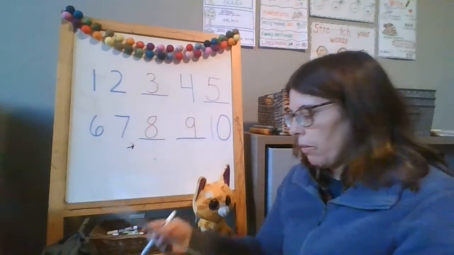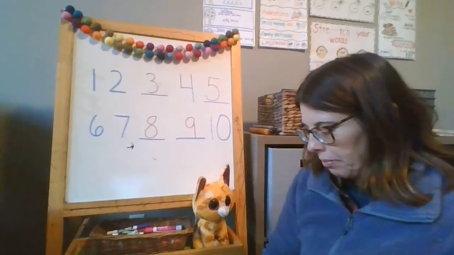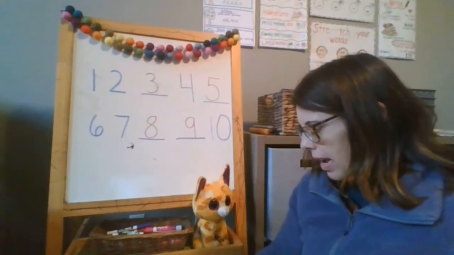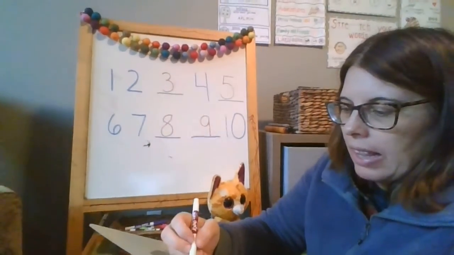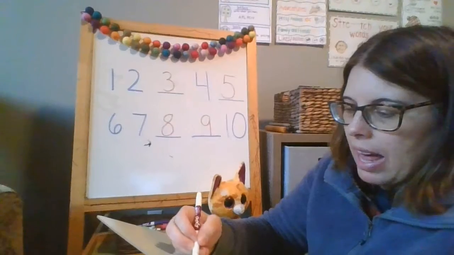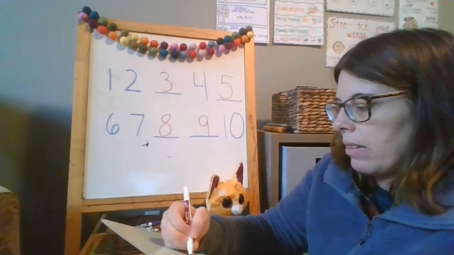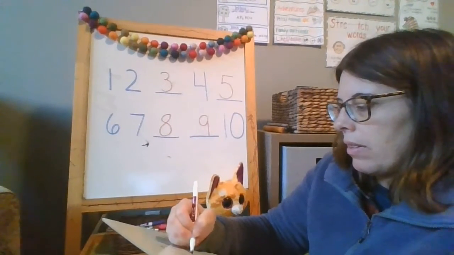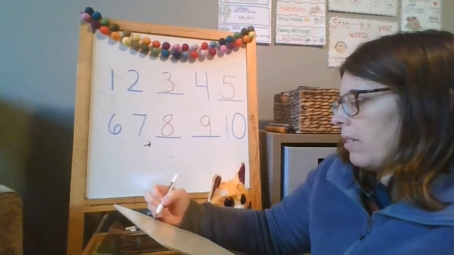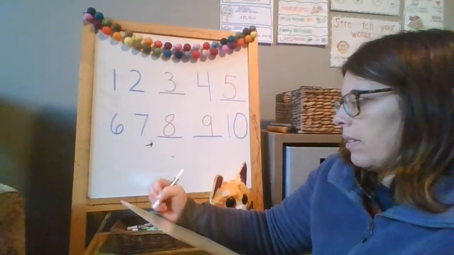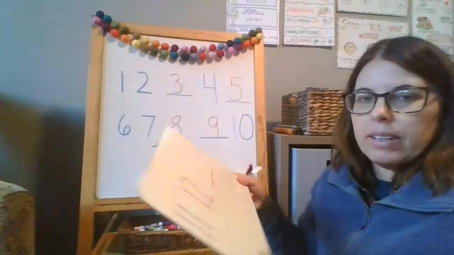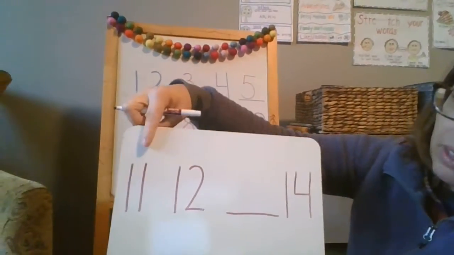Okay, let's do a trickier one. I'll do some bigger numbers this time. Okay, let's start with the number 11. So you're going to have to find 11 on your number line. Okay, so it starts with what?